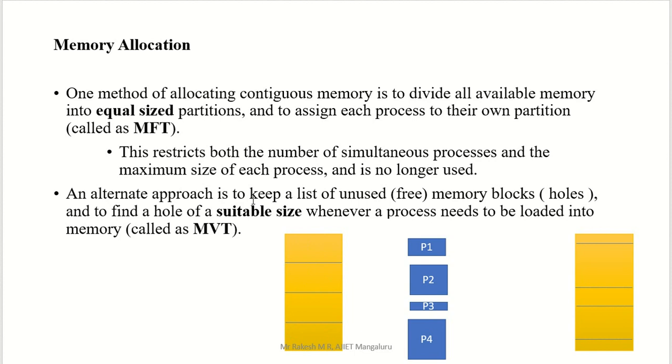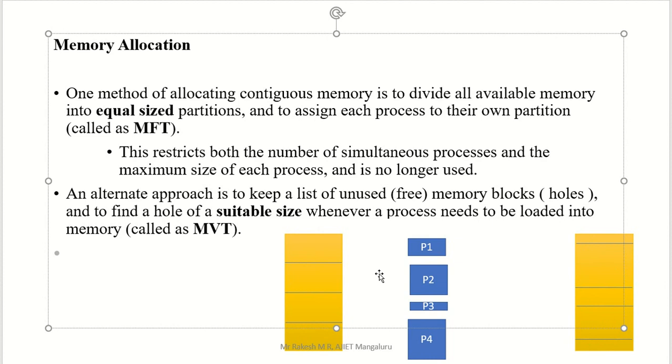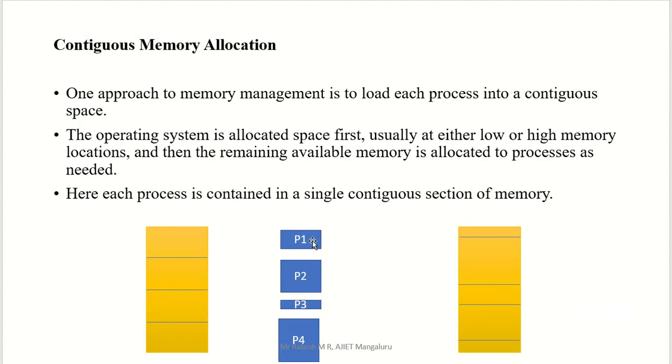An alternative approach is to keep a list of unused memory blocks, called holes, and find a hole of suitable size whenever a process needs to be loaded into memory. That is the MVT concept, with different sizes. We have to load the process into memory, as in the previous slide. That is the concept: we have MVT and MFT.